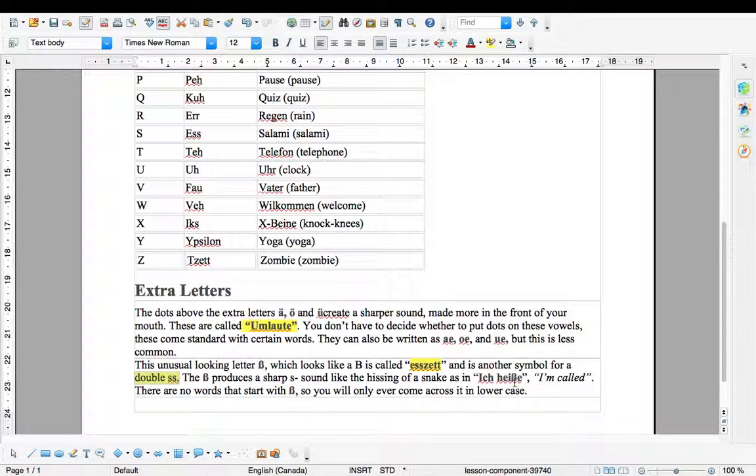Ich heiße. Heißen is a verb which means to be named or to be called. So you see here, instead of writing H-E-I-S-S-E, we have written H-E-I, SZ, E.